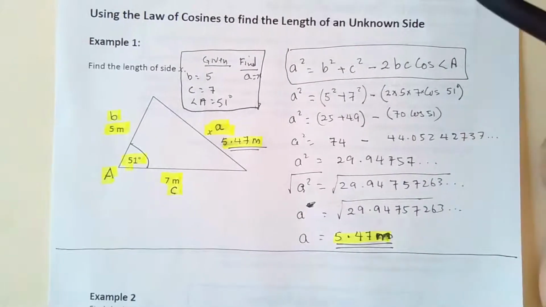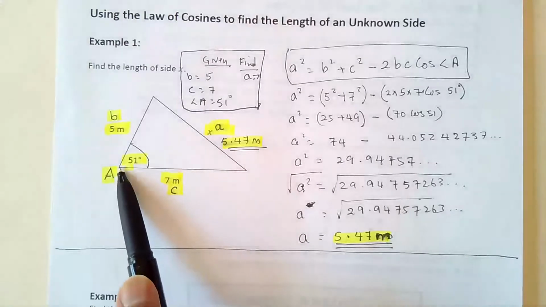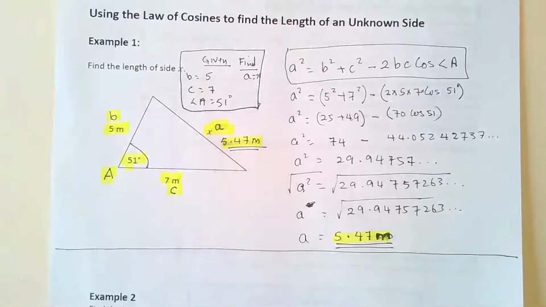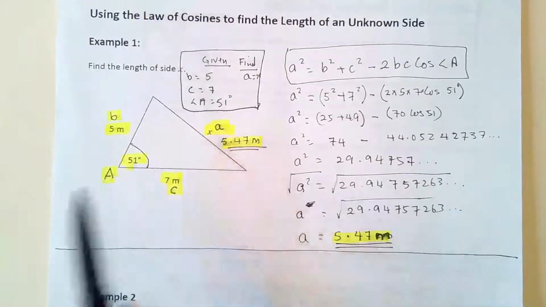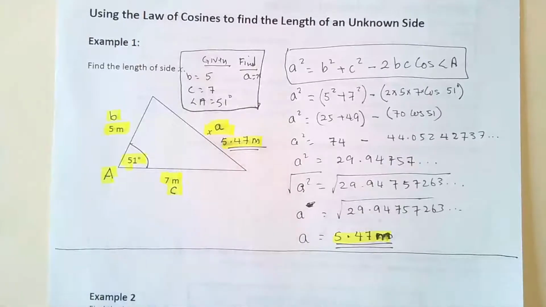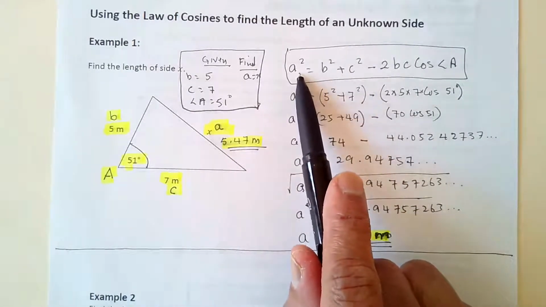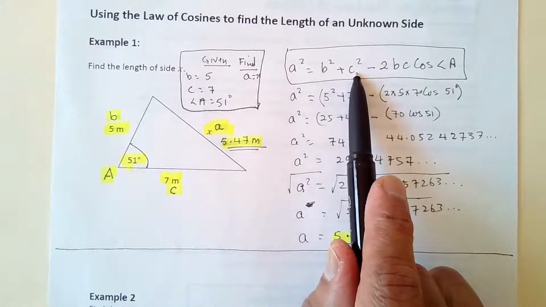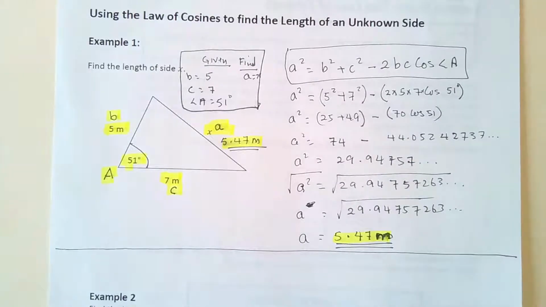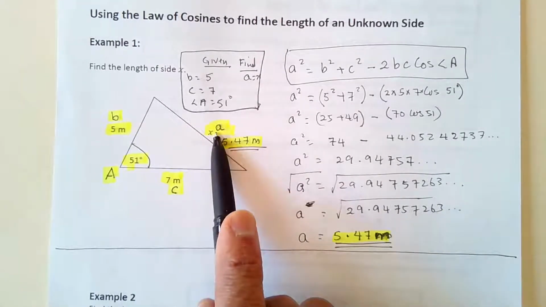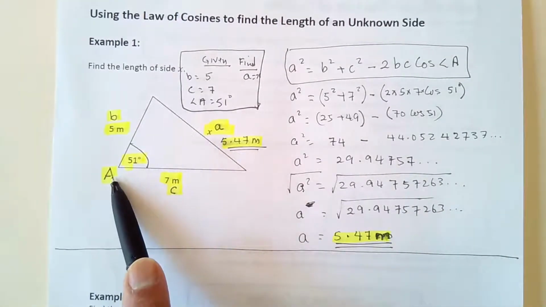Reviewing, step 1, we label our triangle, angle A, side A. Because we are using A squared equals B squared plus C squared minus 2BC cosine angle A, we set up our triangle where A is either the missing side or what you're asked to find, side or the missing angle.